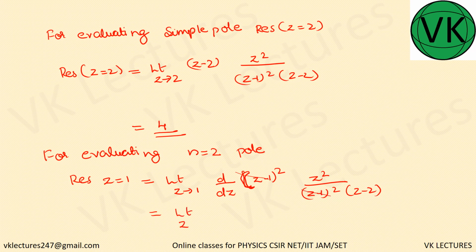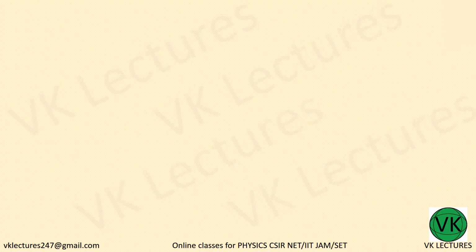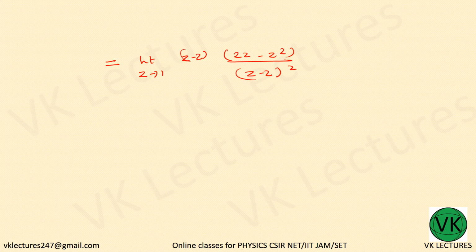Then limit z tends to 1, d by dz of z square divided by z minus 2, that is equal to limit z tends to 1, z minus 2 into 2z minus z square divided by z minus 2 whole square.